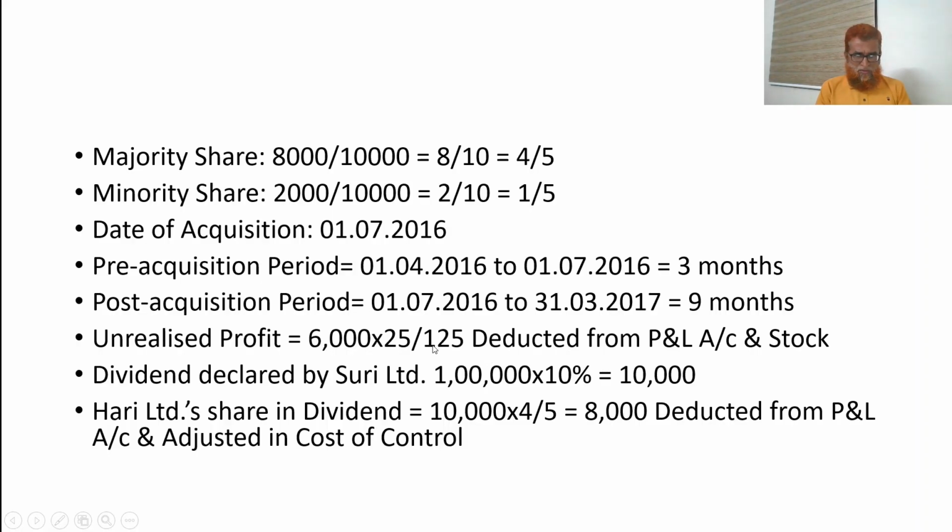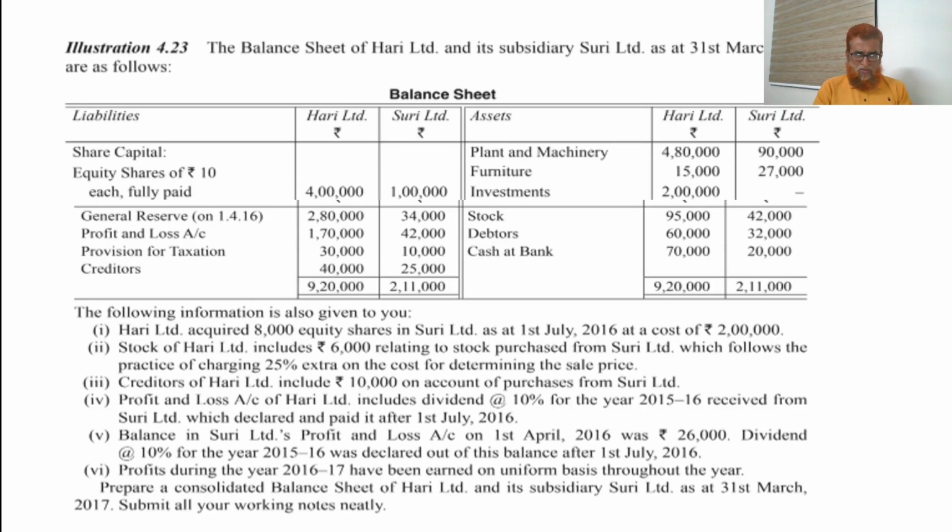It means 6,000 into 25 by 125, the amount which you get is 1,200. This 1,200 is unrealized profit which should be deducted from profit and loss account. So keep it in mind, it should be deducted from profit and loss account and also from the stock. So this is what we understand from the second point.